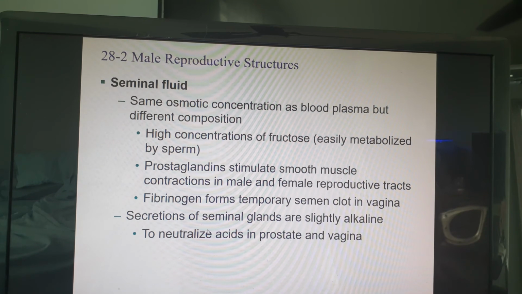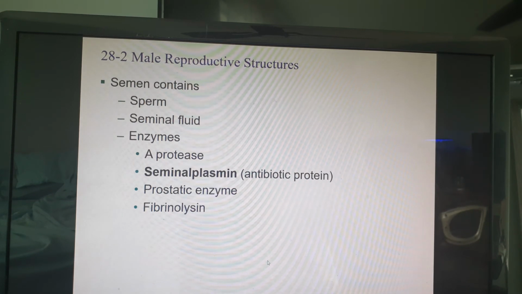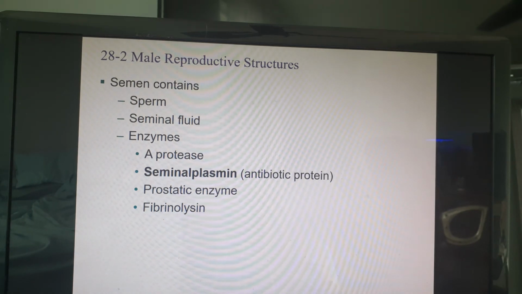And again, overall, the secretion of the seminal glands are alkaline to neutralize acids. So the semen has sperm, seminal fluid, and these enzymes: a protease, seminal plasmin, prostatic enzyme, and fibrinolysin. So not only does it have the fibrinogen, it also has the enzyme that's going to break down the clot.